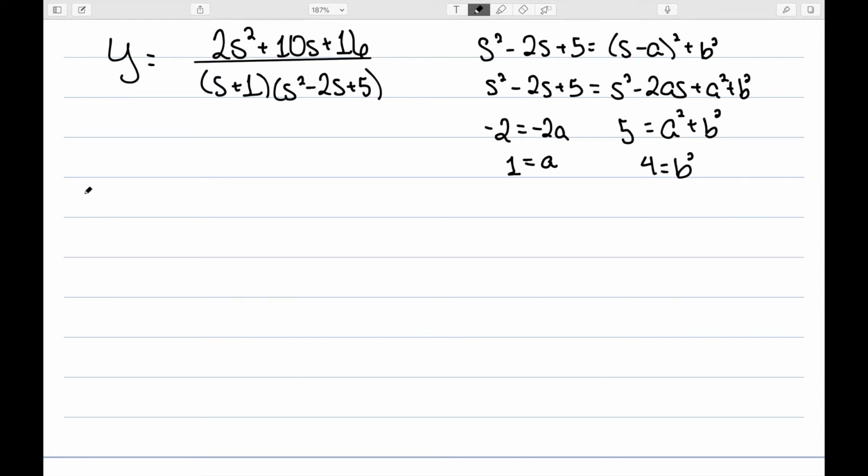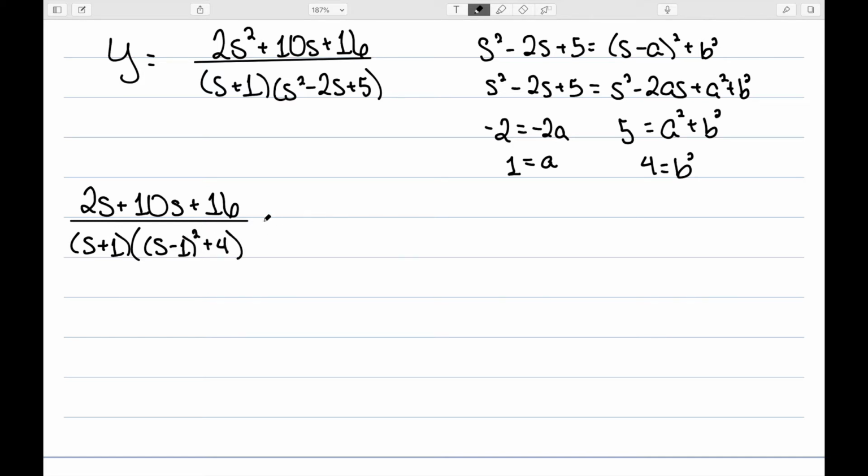So I'm going to rewrite this. 2s squared plus 10s plus 16 over s plus 1 times s minus 1 squared plus 4. And now I need to do my partial fractions. I'm going to have an A over s plus 1.